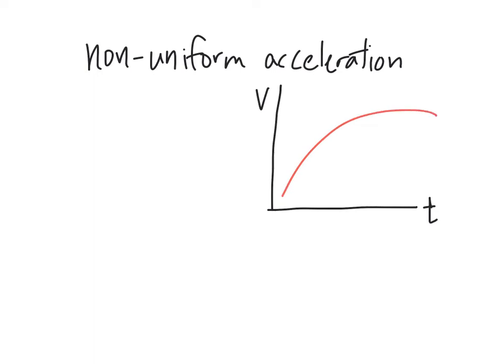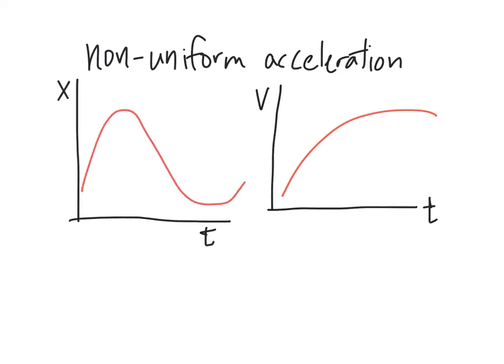And if that is some sort of a curve, then the position graph would have to be something even more complex. It can't just be a nice simple quadratic curve. It would have to be something kind of crazy, maybe something like this. So how do you deal with those sorts of things? Our formulas from before were based on quadratic and linear things, and now we've got this different situation. And that's where calculus comes in.